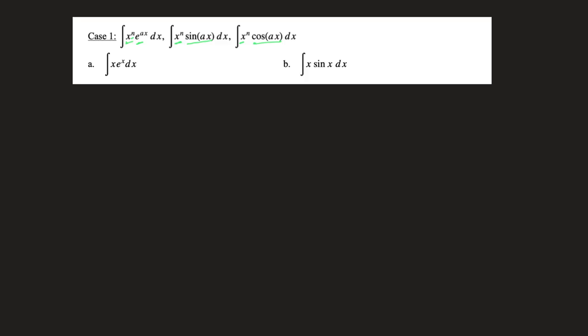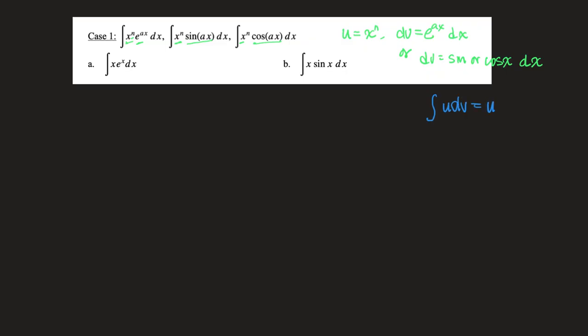So the polynomial function comes before the exponential and trigonometric functions. In this case, u is x to the n, and dv is the exponential function, or dv is the sine or cosine function. Keep that in mind. I'm also going to write down the formula for this integration by parts.